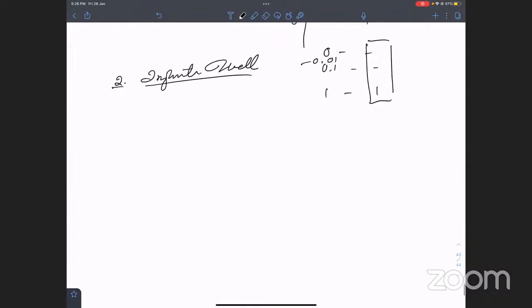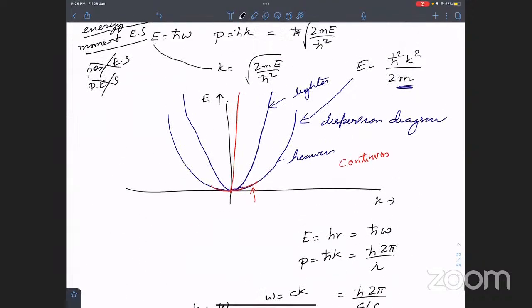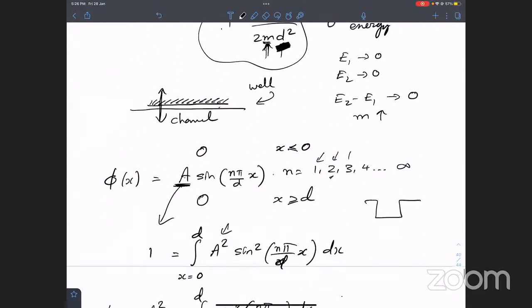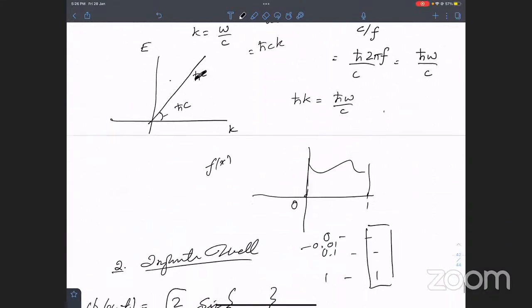And what was our solution? Our solution is in this format. Psi x of t, the eigensolutions for this case were root of 2 by d times sine of n pi x by d.